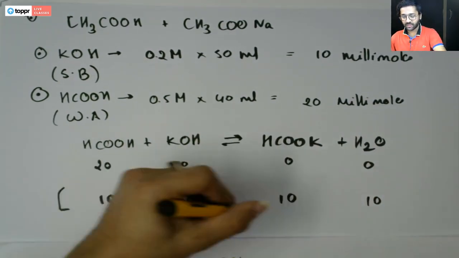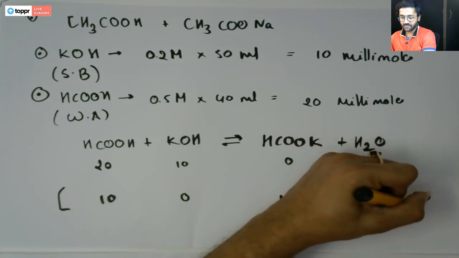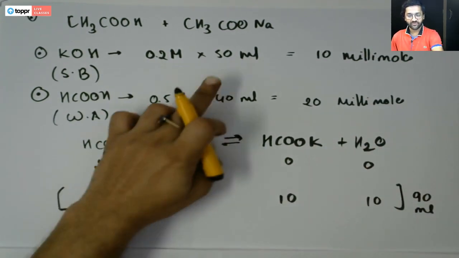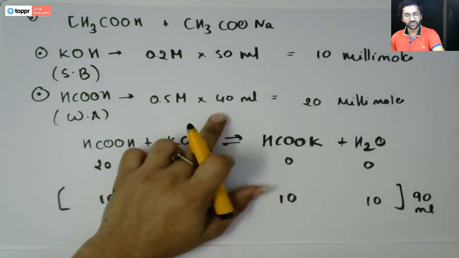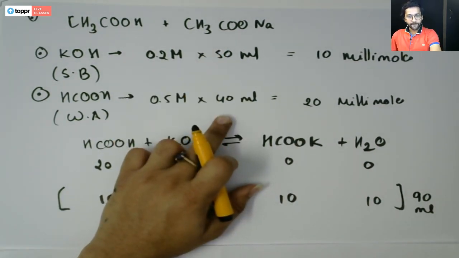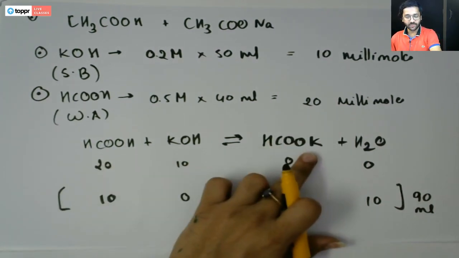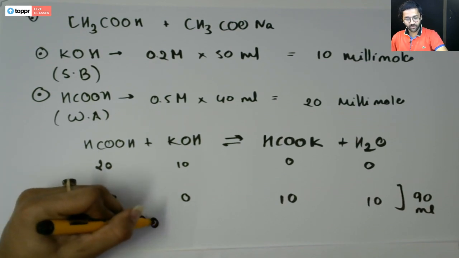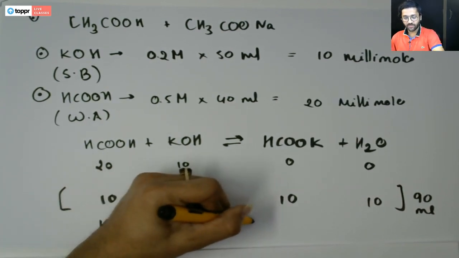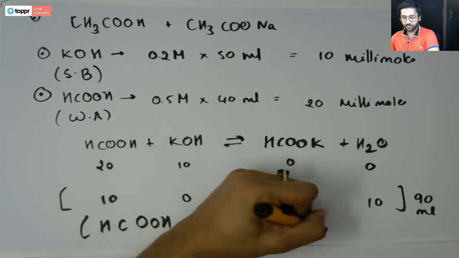And this whole thing is going on in 90 ml of solution, 50 ml of KOH and 40 ml of HCOOH, total of 90 ml of solution, right? So now what we are left with is HCOOH and HCOOK. These form a buffer solution, correct?